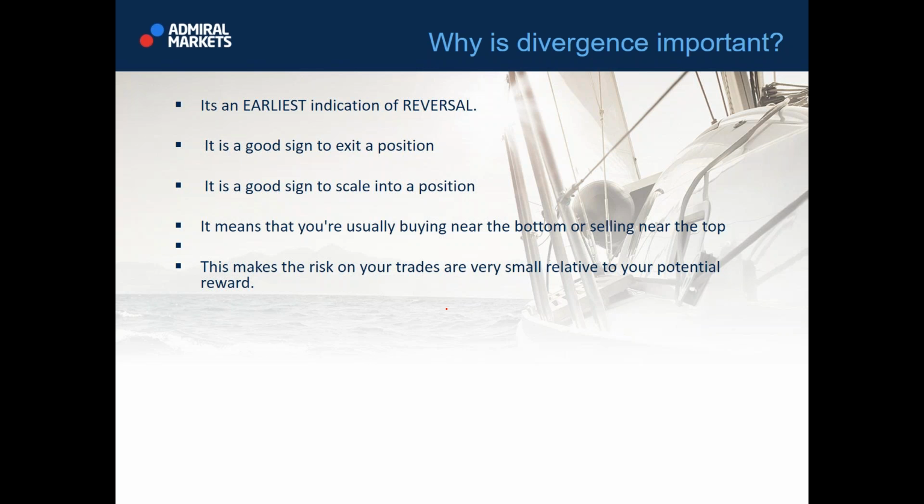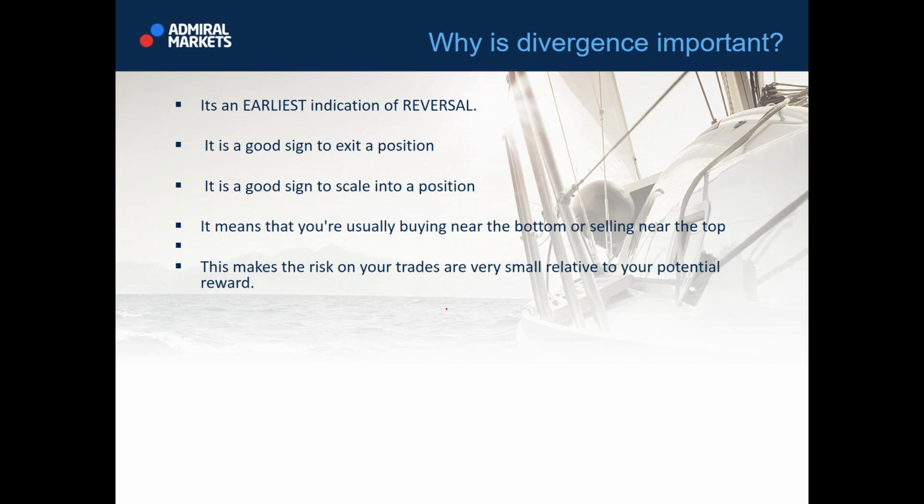It's also a good sign to scale into a position, because if you use hidden divergence and you see a retracement within a trend and hidden divergence, that will definitely be a good sign for you to scale into a position.